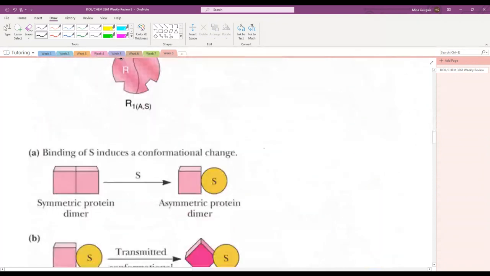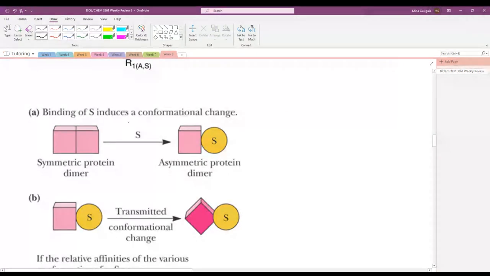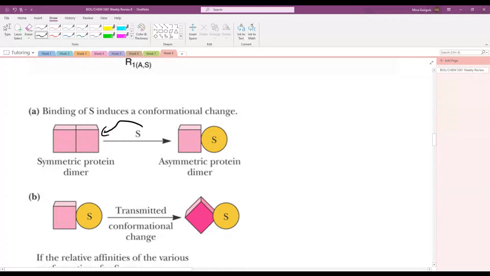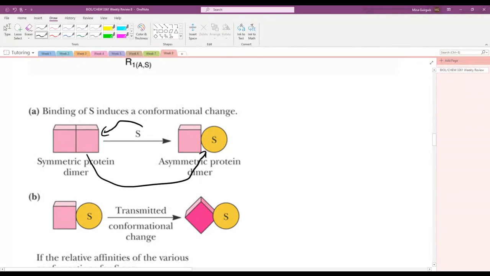But I'd like to talk about it a bit because I think it's really confusing. So, like we said, the first step is the binding of the first subunit to its substrate, which induces a conformational change in the bound subunit. So, S binds to this subunit and changes this subunit into the circle, okay?